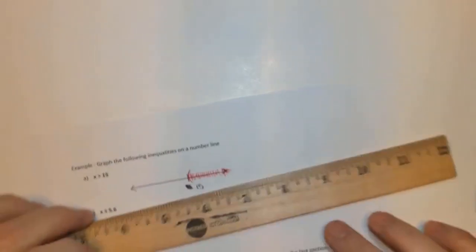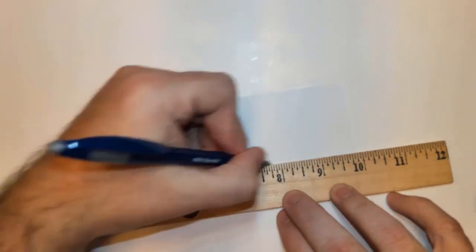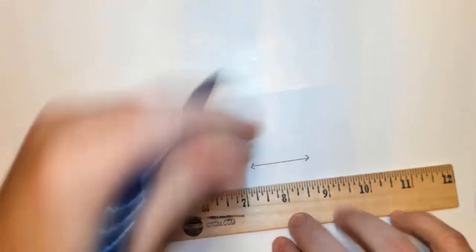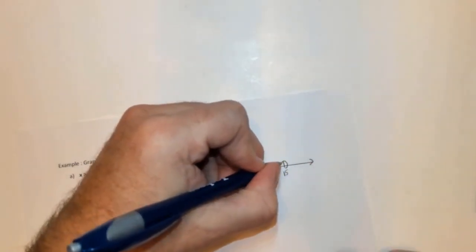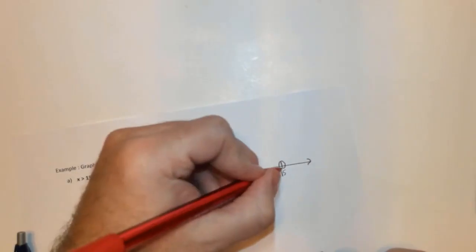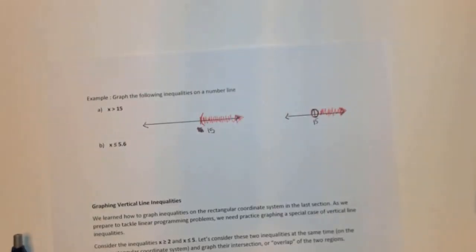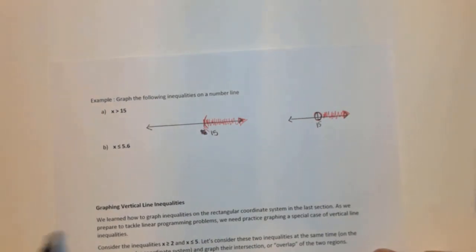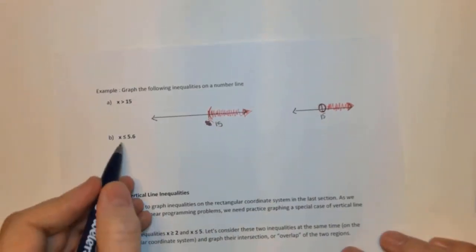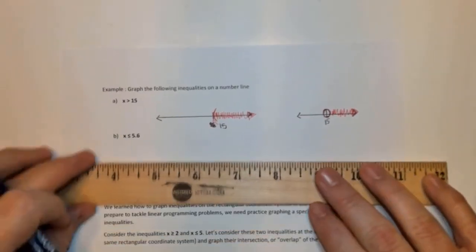Again, what you probably learned in high school, maybe a different symbol. You could use the open circle if you'd rather do that. Open circle, we shade to the right. So just know those are the same. So both of those are acceptable. This 15 is right here, by the way. Okay. All right, now I have x is less than or equal to 5.6.